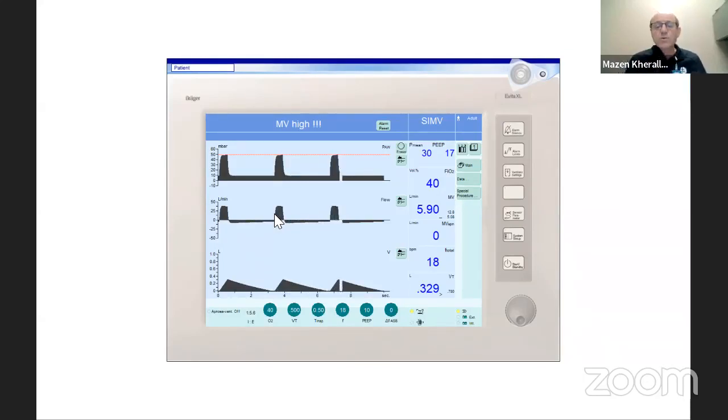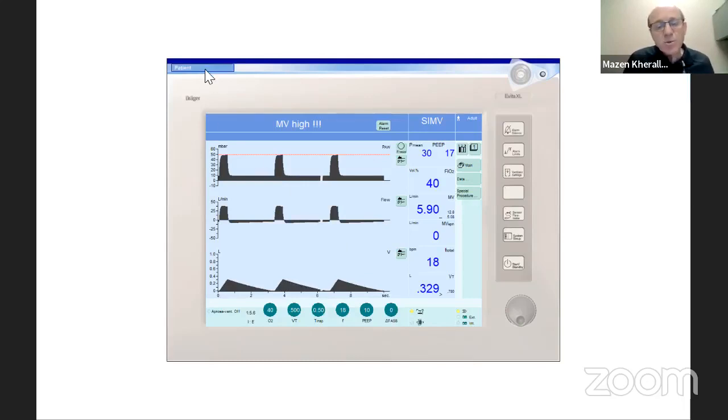What we did is, number one, we eliminated the plateau, and number two, we delivered the volume faster. By delivering the volume faster, we created more time for expiration, and then we eliminated that plateau time, and the auto-PEEP decreased but was not eliminated.